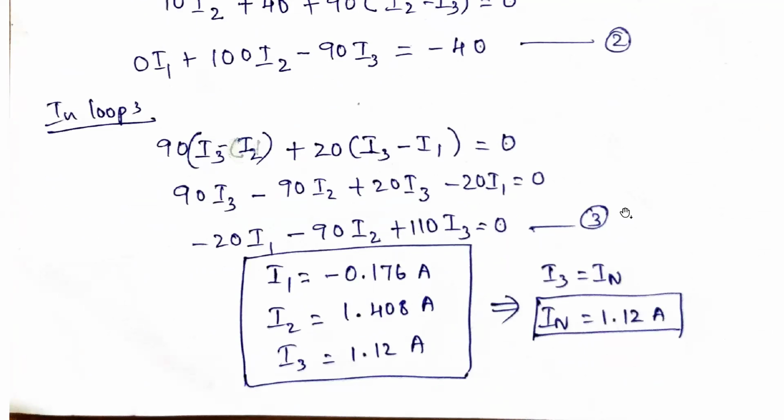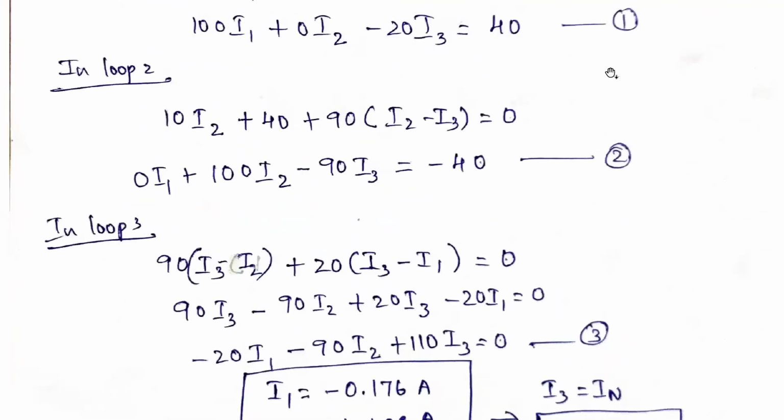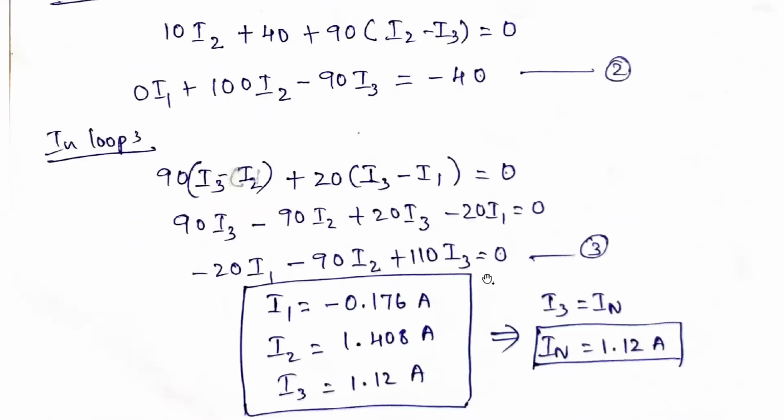Take this as equation number 3. Solving these 3 equations using your scientific calculator is very simple. Unknowns are 3. Then calculating, we got I1 is equal to minus 0.176 amperes, I2 is equal to 1.408 amperes, I3 is equal to 1.12 amperes.